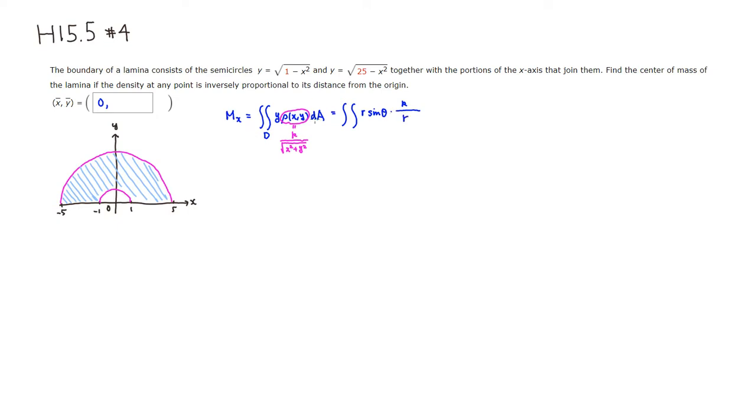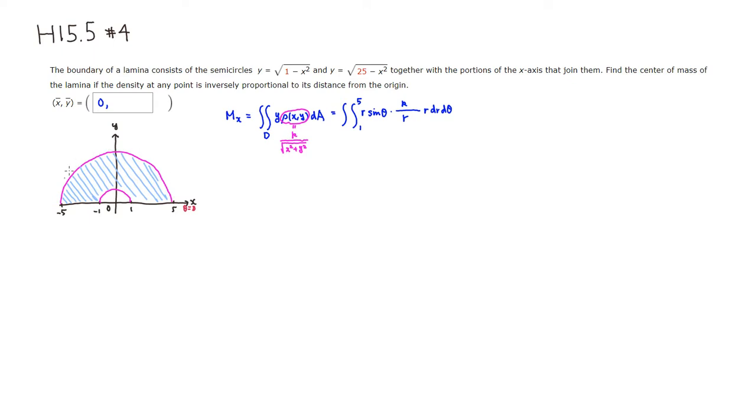The area element is always r dr d theta. It looks like r goes from 1 to 5, and to cover the entire region, theta is going to start from 0.